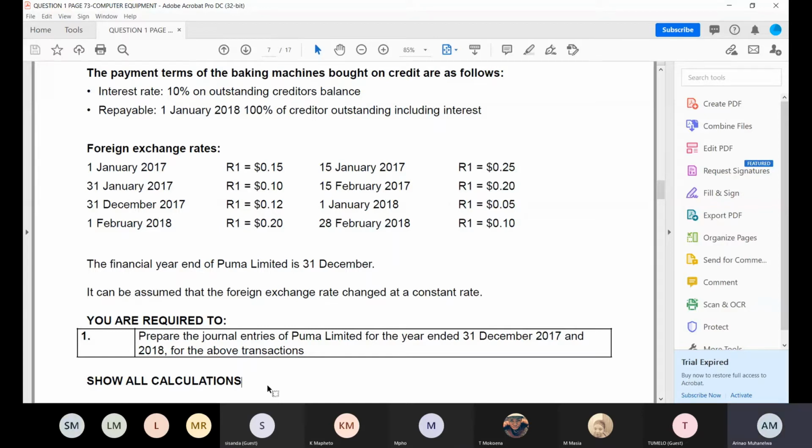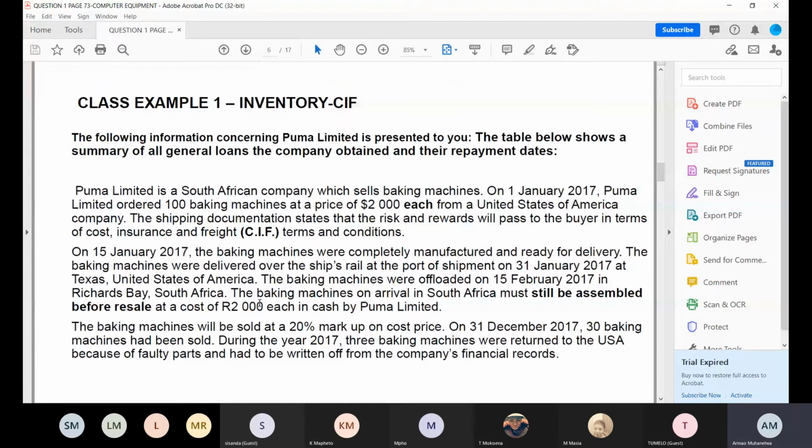International Accounting Standard number 1. It's a big standard, but that's what is expected at this level. As an example, I've said class example number 1, inventory CIF. You don't need to worry about that.